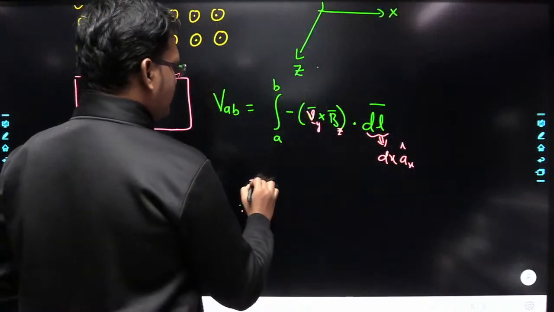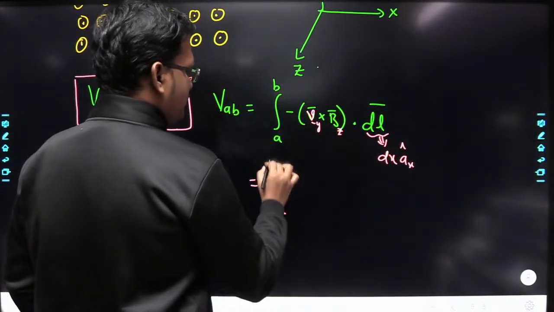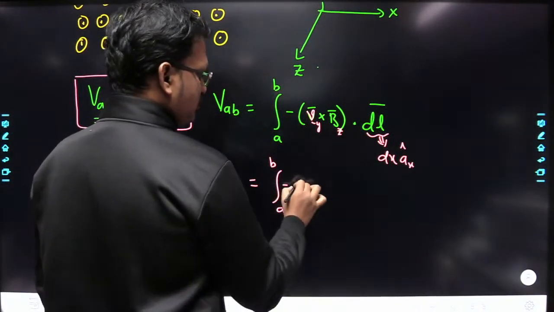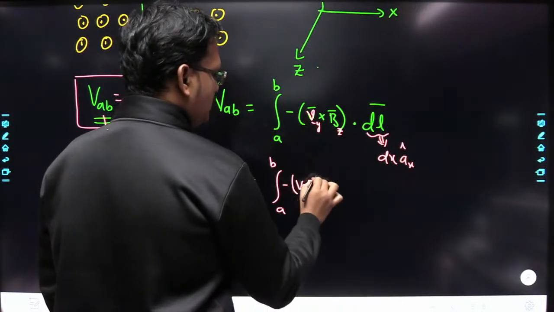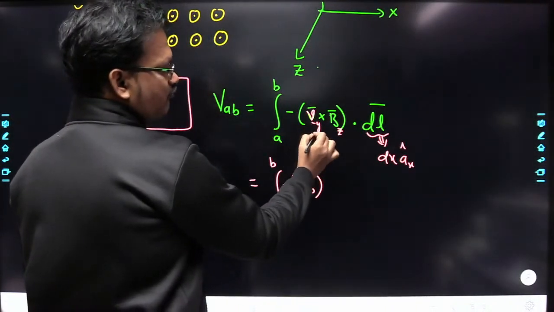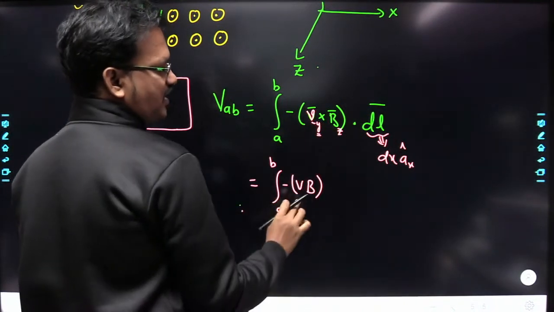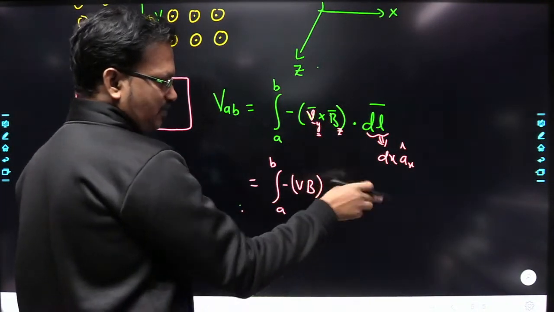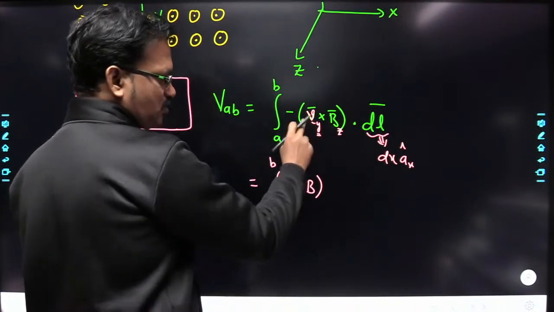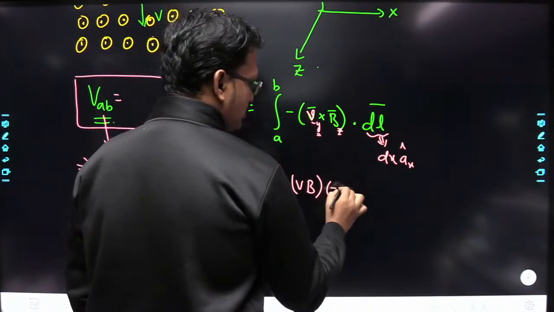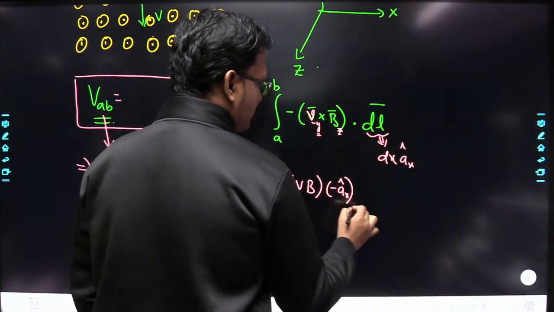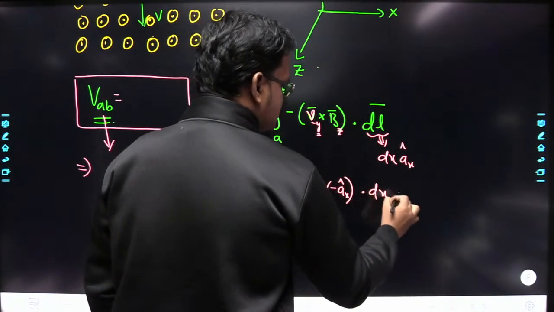So what are you going to get? Integral a to b of minus v into b. Here y cross z, ay cap cross az cap, is going to result in ax cap. Here a minus is already present, so you are going to get minus ax cap dot dx ax cap.